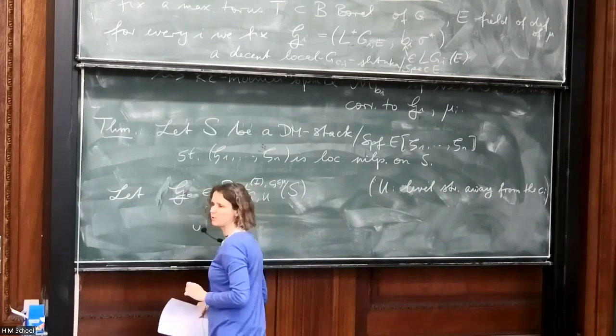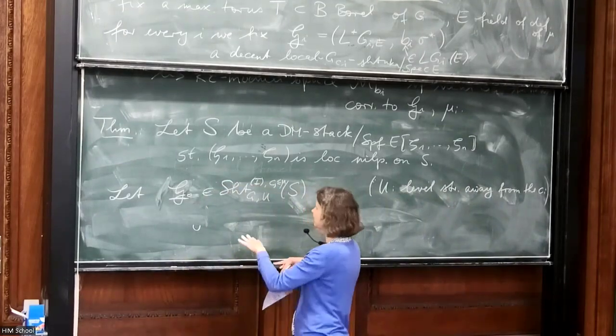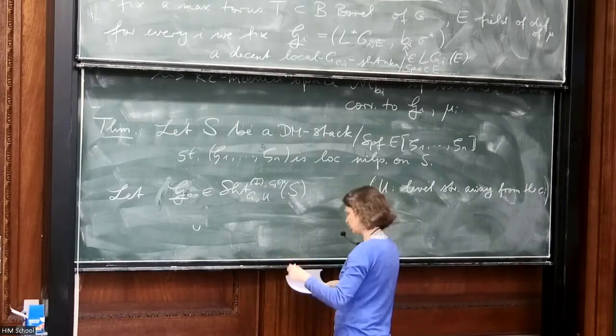And we want the base point in such a way that we can later apply the local quasi-isogenies.